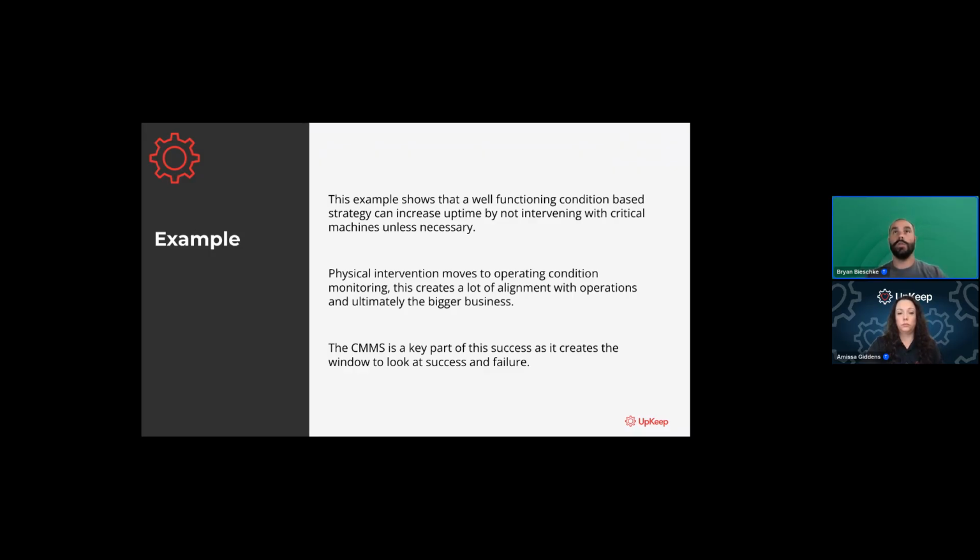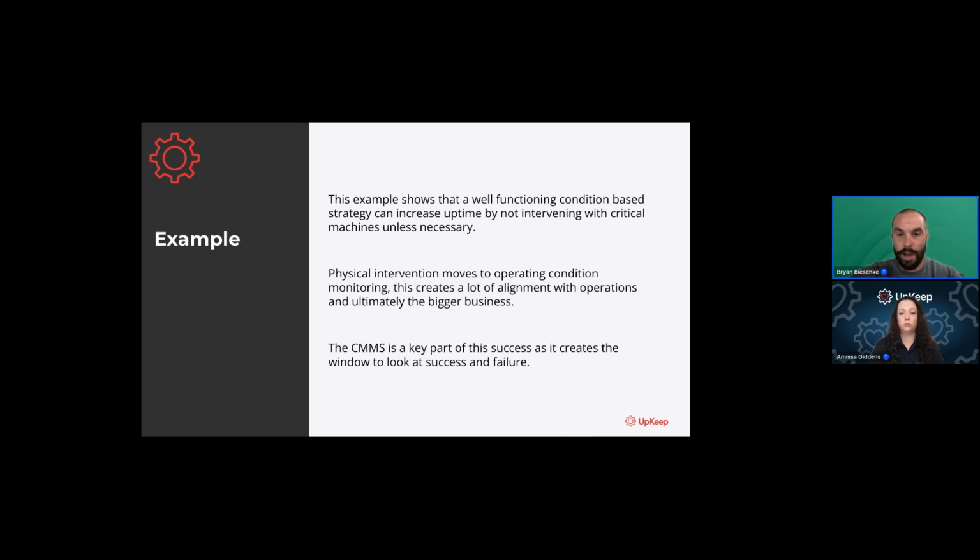We don't want to unnecessarily take machines down for no reason, right? And then, instead of physical intervention, we're moving to operational condition monitoring. So this creates a lot of alignment with operations and ultimately the bigger business. Production can keep on plugging away, and we can leverage techniques to monitor those machines either remotely or with visual inspection criteria or whatever.